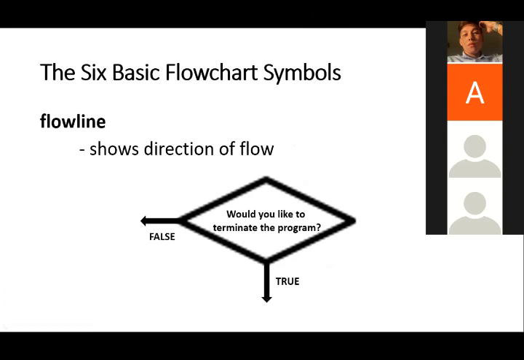That is indicated by the flow line. Flow lines show the direction of your flow. If false, what will happen? It goes back to the start to do your instructions again. If true, it says terminate. What should come next if true? End. And what is that symbol called? Terminal. Okay? Now you have an end here.